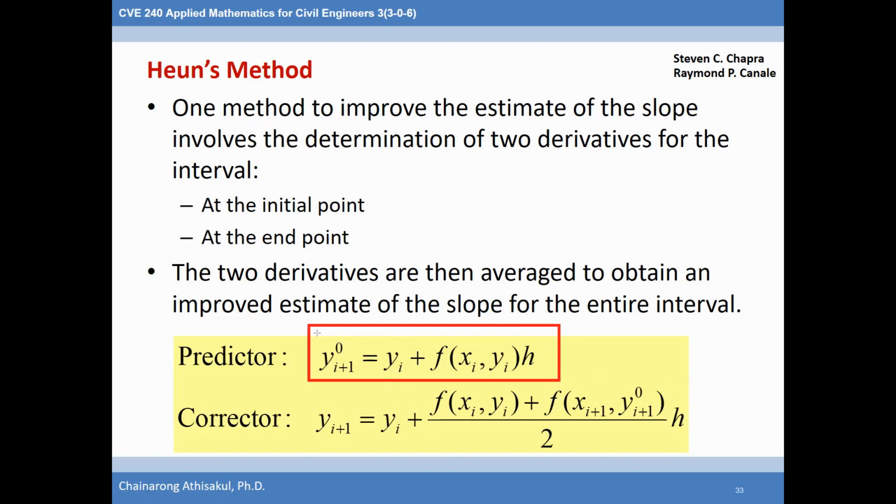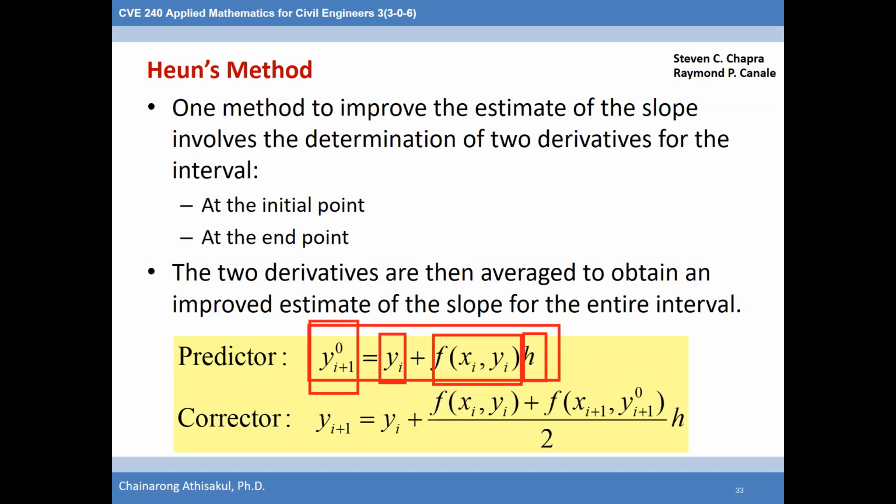We predict the next value of y by the initial slope multiplied with the step. This is the increment, which is added to the initial value, and it becomes the next one. So this is just the Euler.